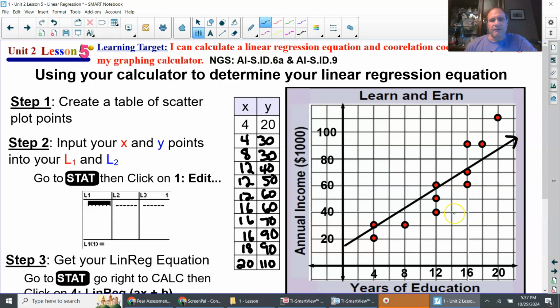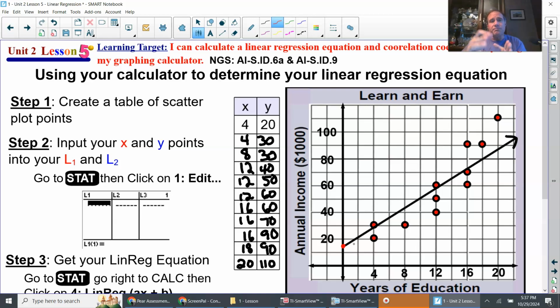I'm going to put an arrow right there. So that's my trend line. It didn't ask you to draw a trend line, but I did just to show you that it's definitely a positive trend. So this is going to have a positive slope. I could already see that the y-intercept is going to be something like 17 or 17.5 when we put this into the calculator.